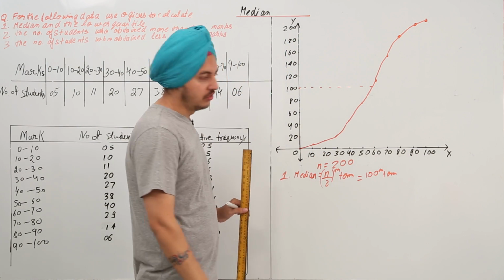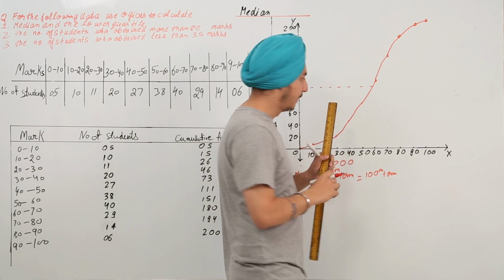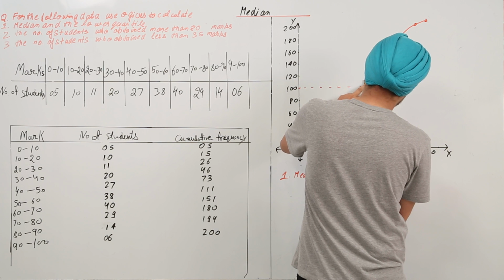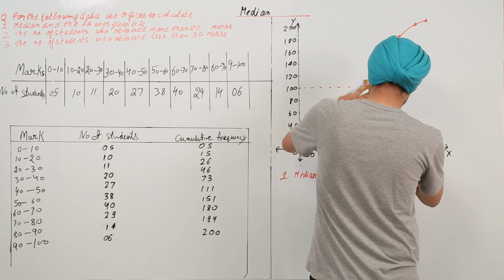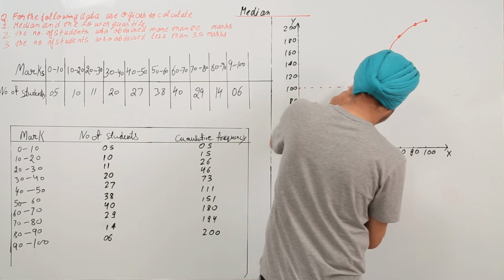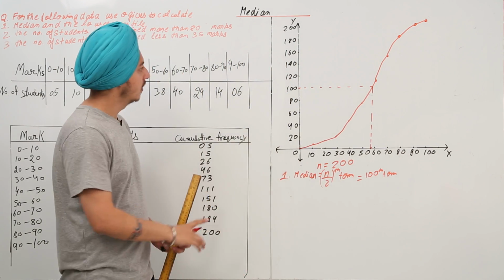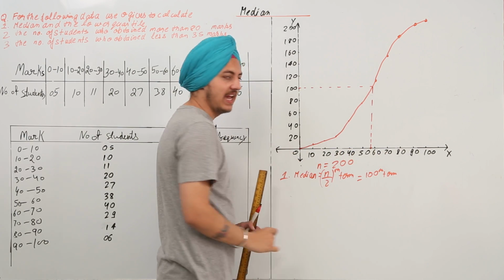And now we take this line down to the x-axis and take the abscissa of this point. Okay, so this is the point where this line goes down and meets the x-axis.